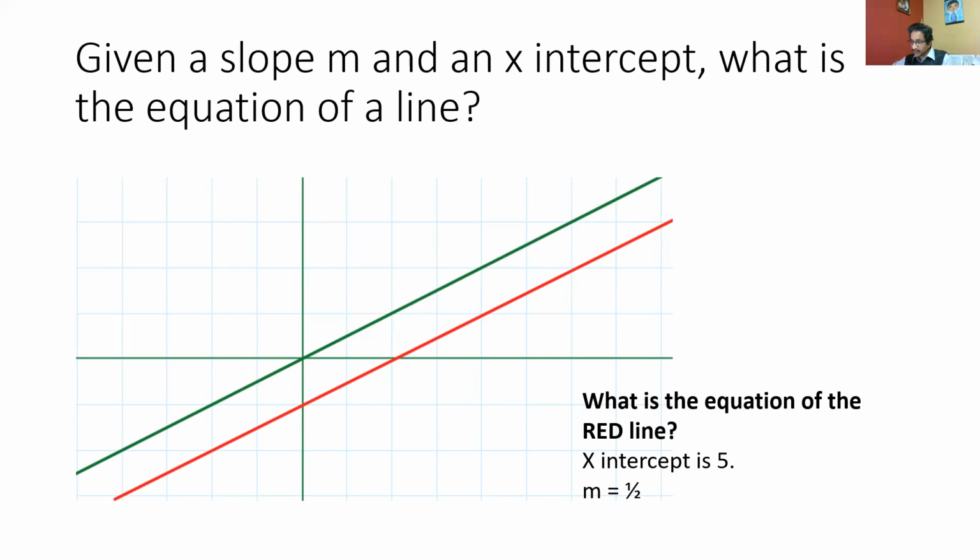So given a point on the red line, if it has to merge onto the green line, what do you have to do?